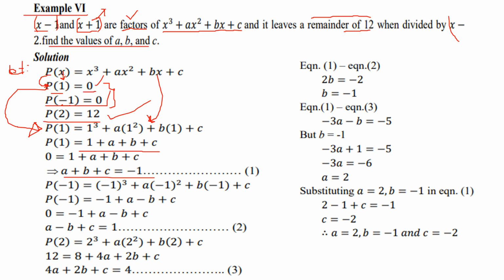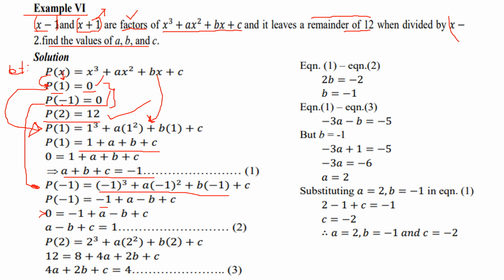Continuing with the substitution of the second function, where x is equal to negative 1, in substitutions you always put brackets. Simplifying, you get negative 1 plus a minus b plus c. Since these are factors, the remainder is always going to be 0.